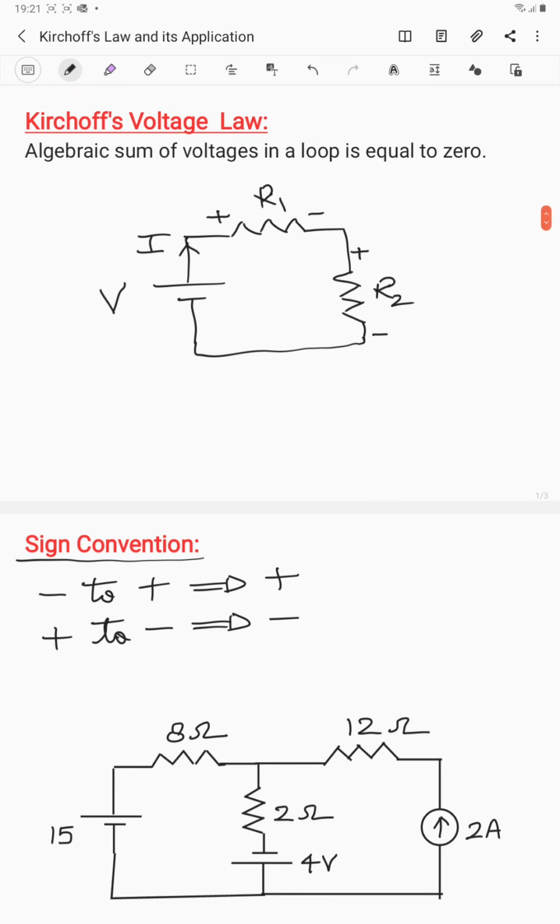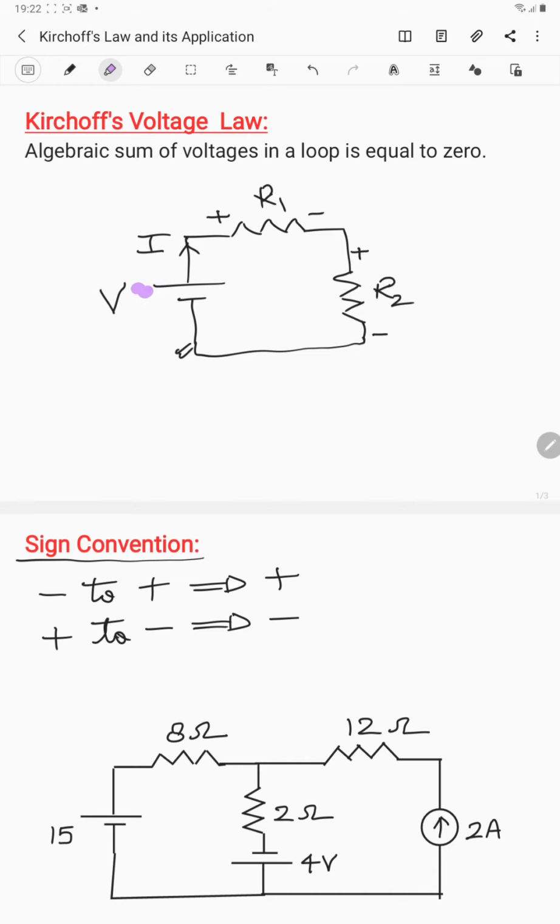So back to Kirchhoff's voltage law, we will be writing the equation of the KVL. How do we write it? Let's start from this point, and we will be moving in a clockwise direction. While moving clockwise, starting from this point, the first element we encounter is this voltage source.